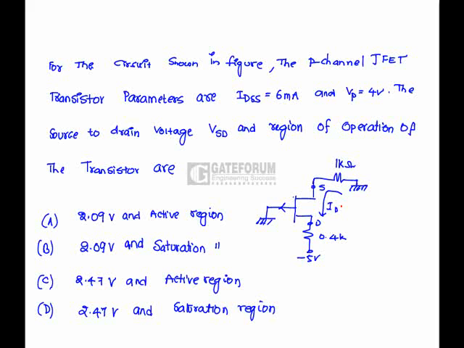Next, for the circuit shown in the figure, the p-channel JFET transistor parameters are IDSS is 6 milliamps, VP is 4 volts.